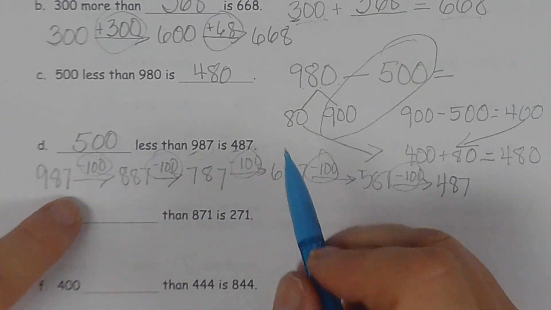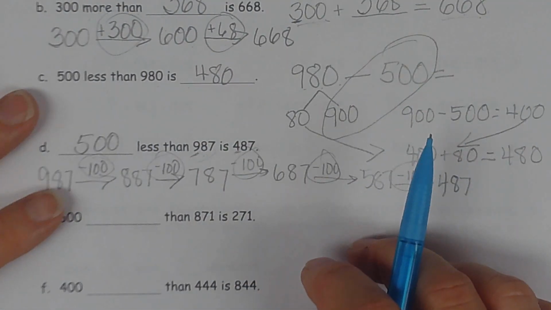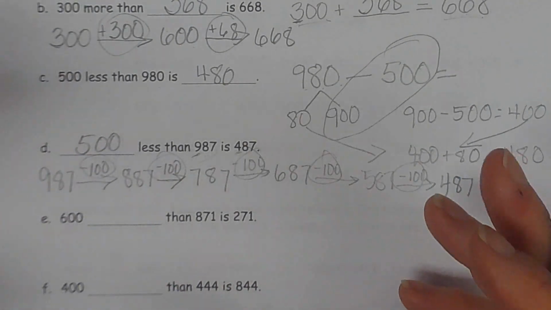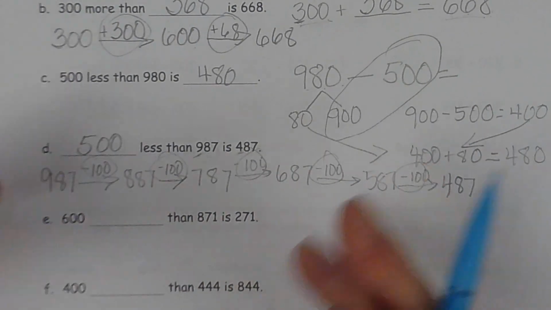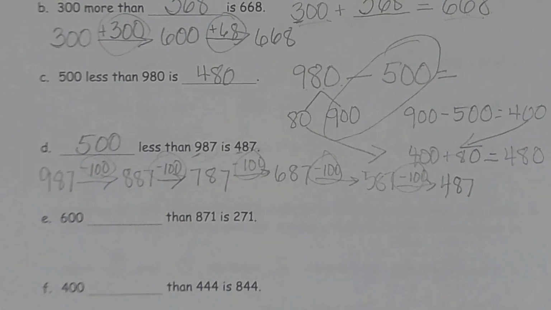The arrow way is really like counting on or counting back, but with big numbers. And you don't always do it by ones. You can do it by tens, you can do it by hundreds, and you can go back and forth. If you're doing it in your head, that could get kind of confusing.